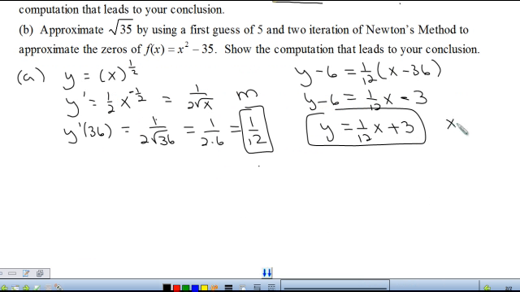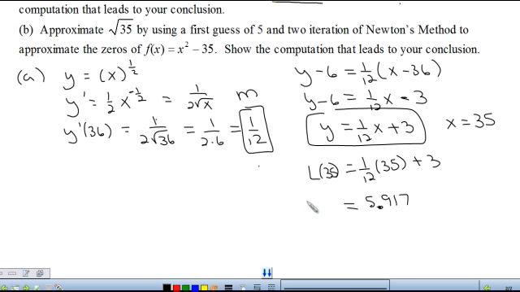I'm going to use that to approximate the square root of 35. So I'm going to say let x equals 35. So my linearization at 35 is going to be 1 over 12 times 35 plus 3, and that's going to be 5.917.